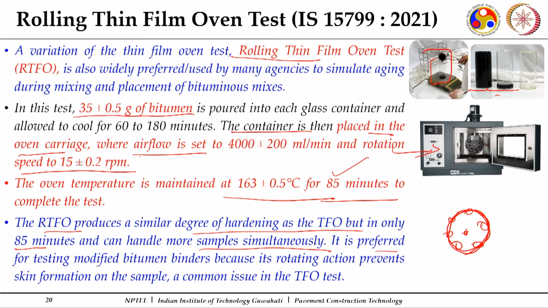And it is preferred for testing modified binders because its rotating action prevents any skin formation on the sample. These are some of the common reasons because of which the rolling thin film oven is now widely used.